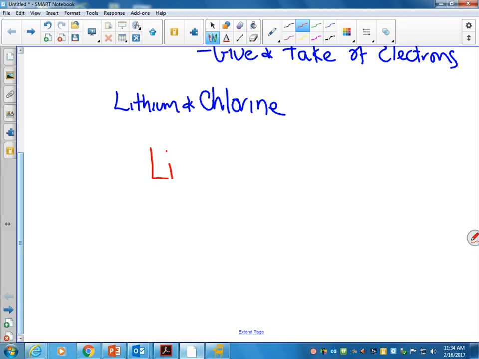An Li with a single electron dot. Why is it a single electron dot? Because it's in column 1, it only has one valence electron. Good. Okay, over here, what about your chlorine? What does it look like? I'm going to draw it with a different color. It's a Cl with 7 electrons around. 1, 2, 3, 4, 5, 6, 7.